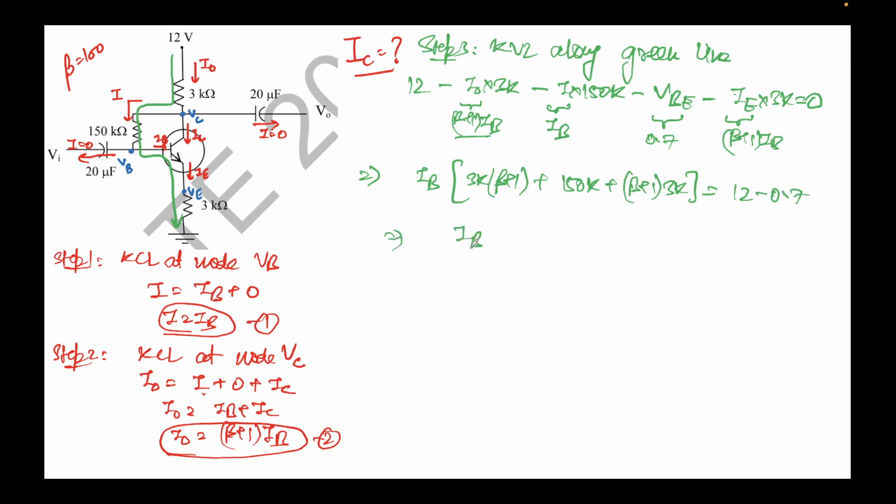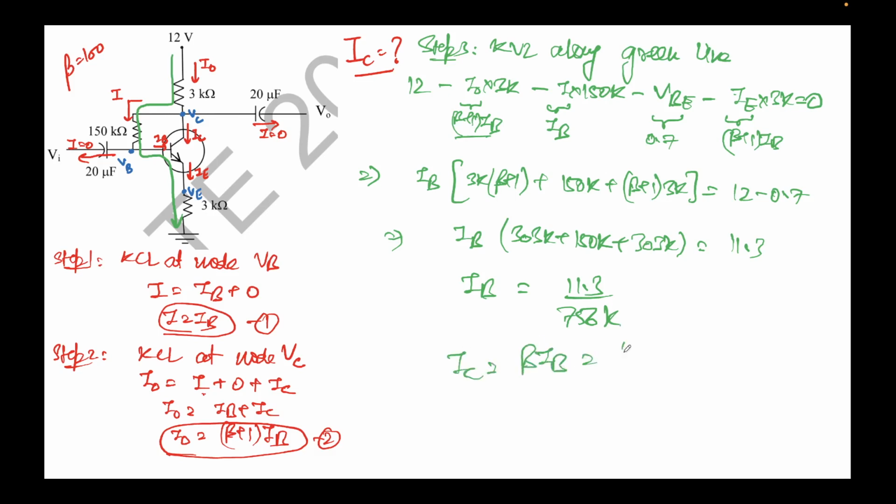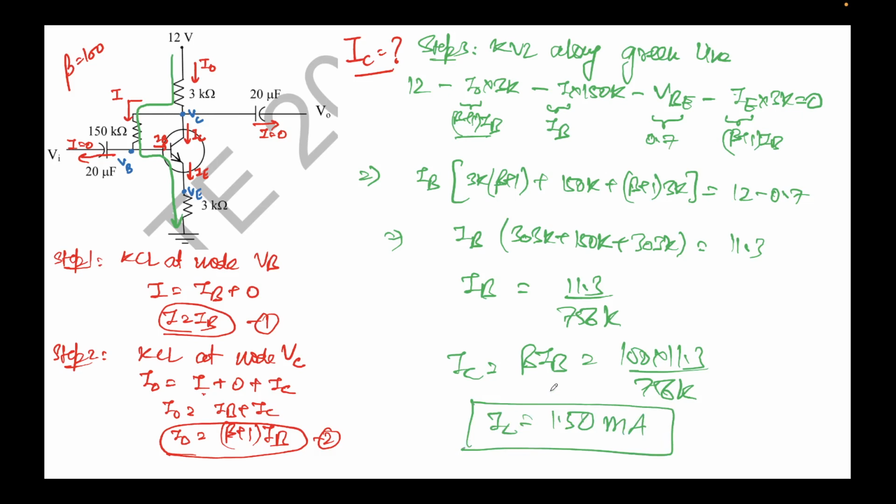Putting in the value of beta, this is 303k plus 150k plus 303k, equal to 11.3, and this gives IB equal to 11.3 over 756k. Thus IC, which is beta IB, is 100 times 11.3 over 756k, which comes out to be 1.495, and let's round it off to 1.50 milliamps. So IC is 1.5 milliamps.